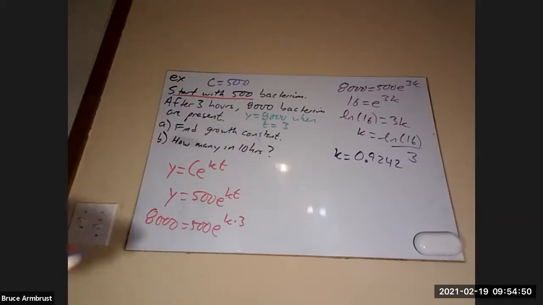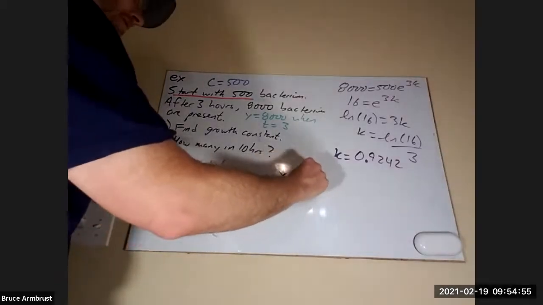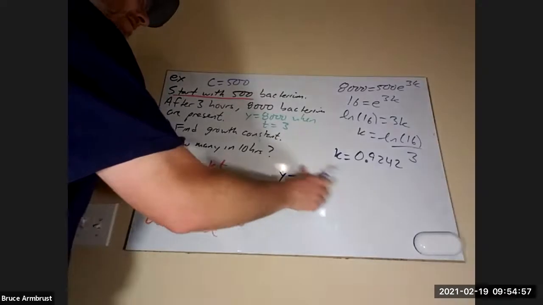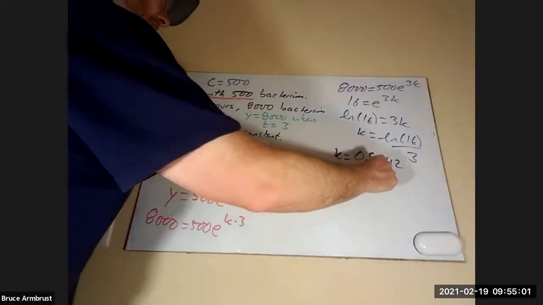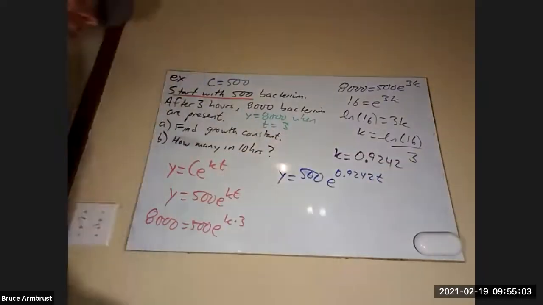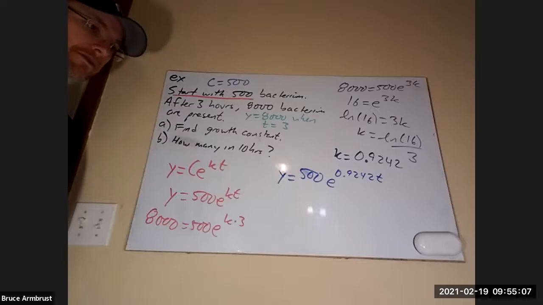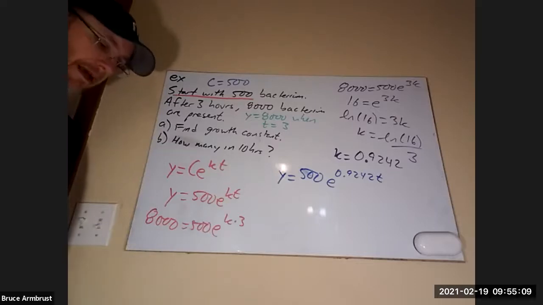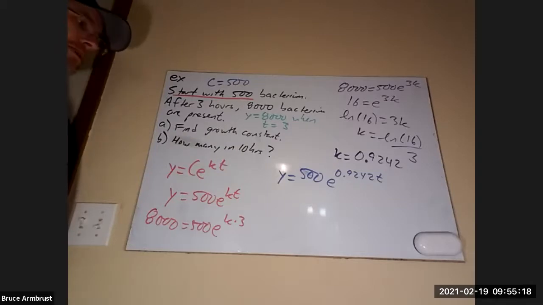So that means that our equation then looks like y equals 500 times e to the 0.9242t. And we can now use that to model this bacteria growth and have an idea of how many we're going to have at any different point in time.